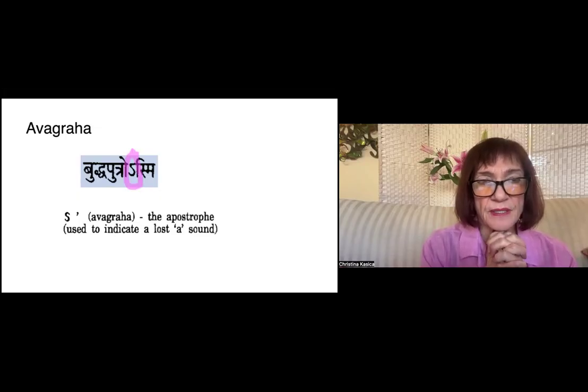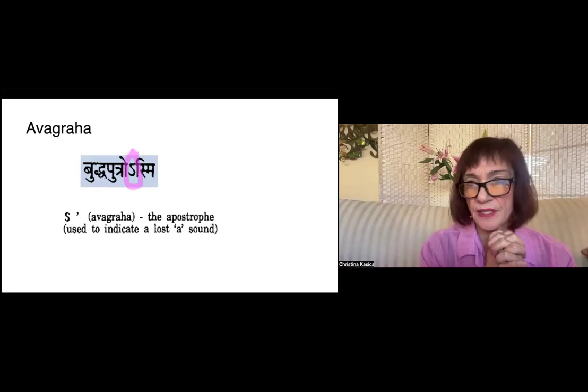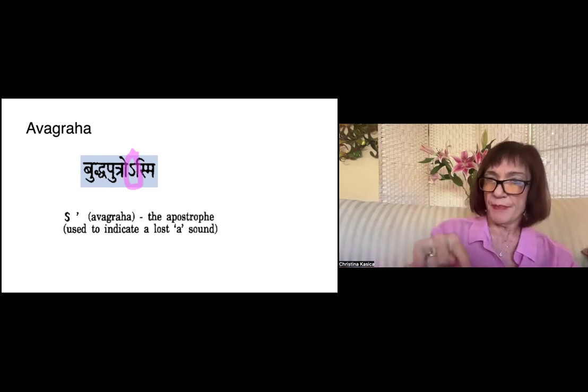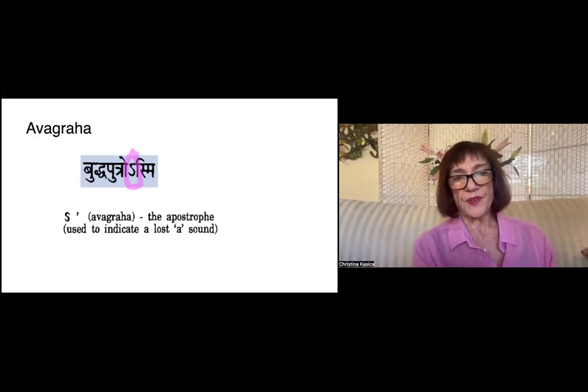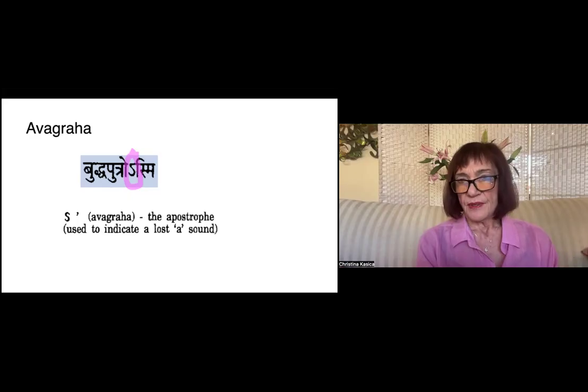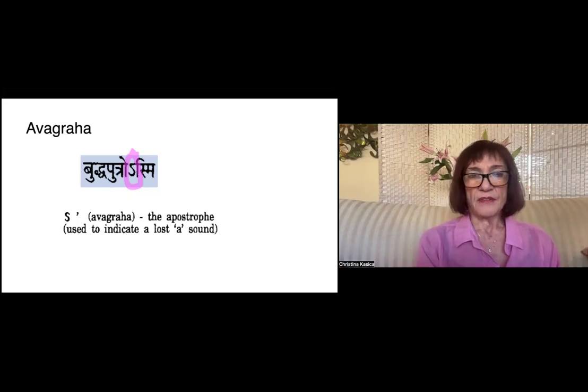I've circled it. It's called an avagraha. It looks like an English capital S, a big capital S. What it does is it indicates when you lose an a from a word.